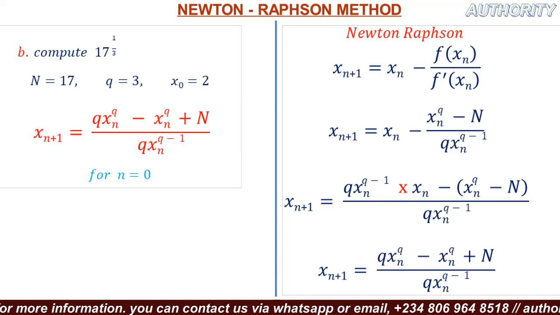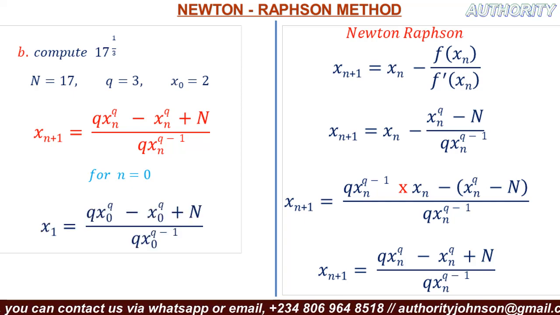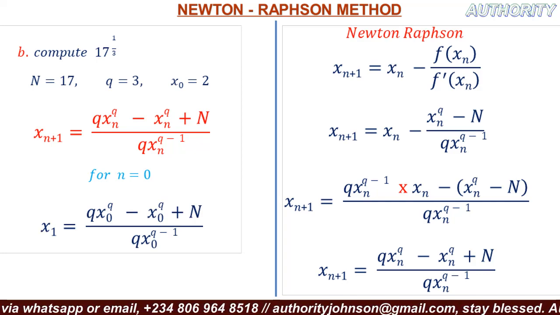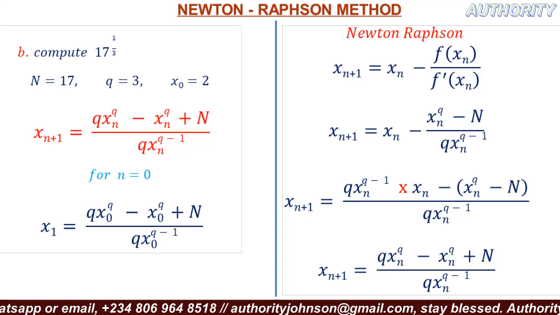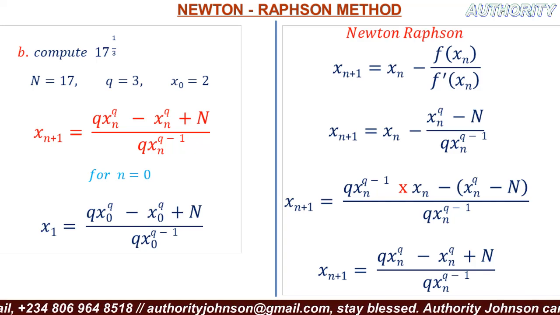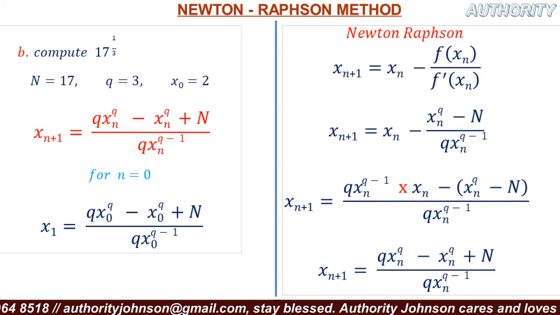For n equal to 0, we have x1 is equal to q x0 raised to the power of q minus x0 raised to the power of q plus n, all over q x0 raised to the power of q minus 1.